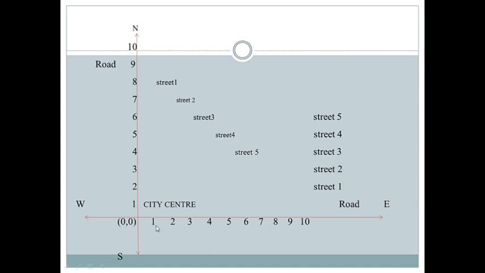Then this is the numbering given: 1, 2, 3, 4, 5, 6, 7, 8, 9, 10 on the x-axis, which we consider as the street running east to west. And here north-south also the numbering is taken as 1, 2, 3, 4, 5, 6, 7, 8, 9 and 10.